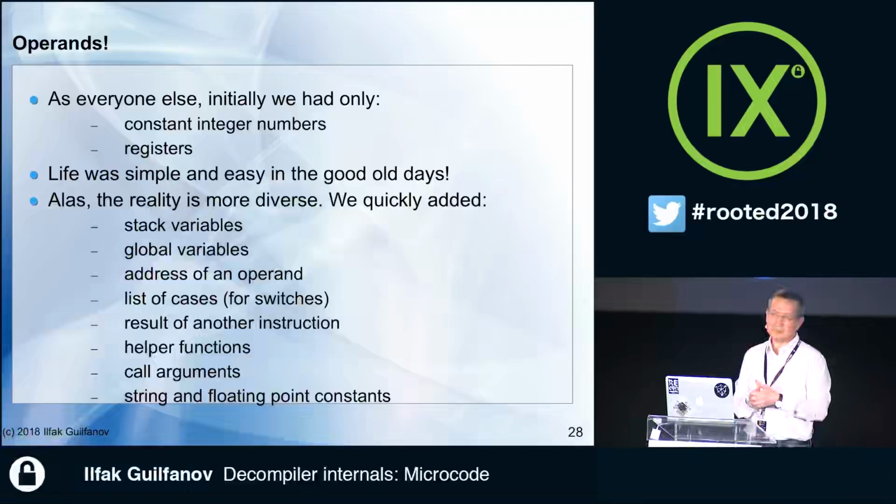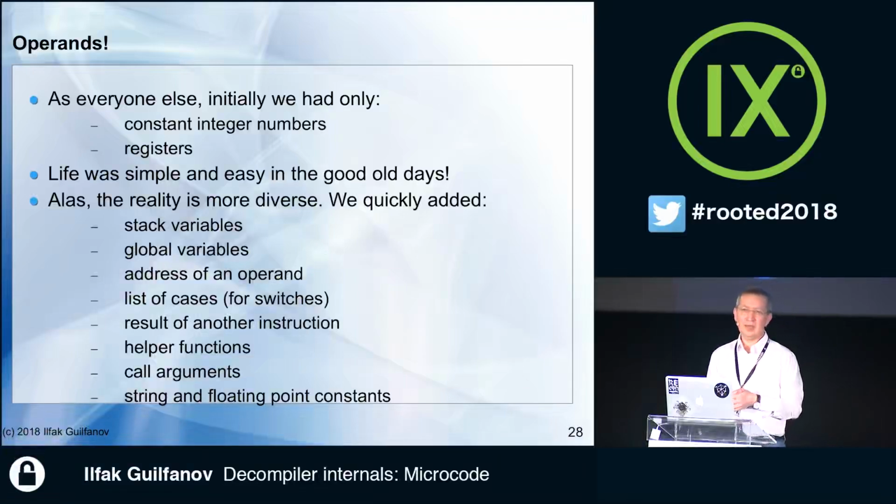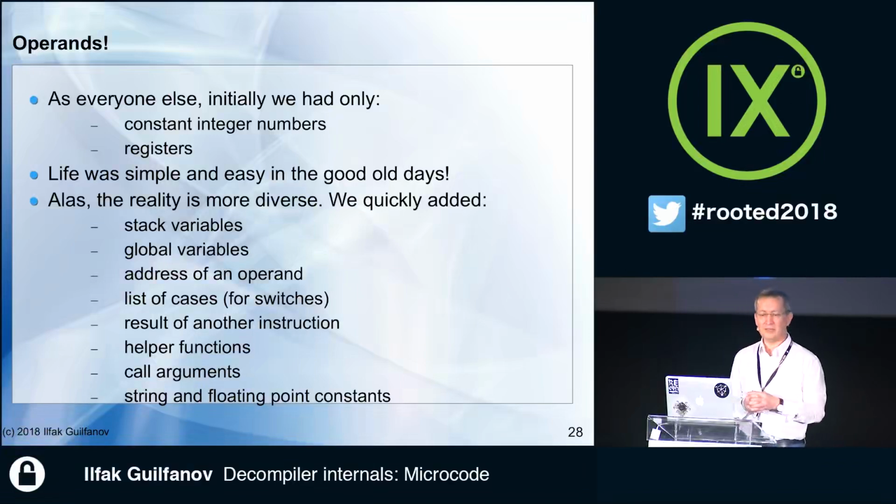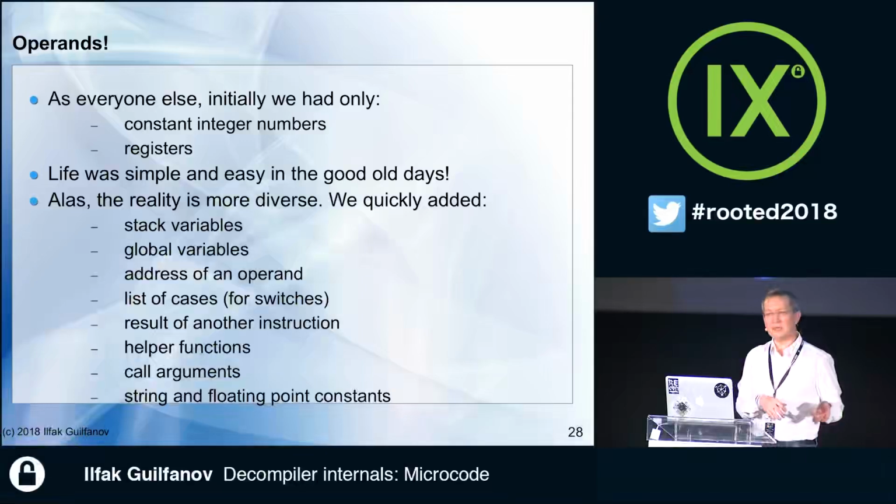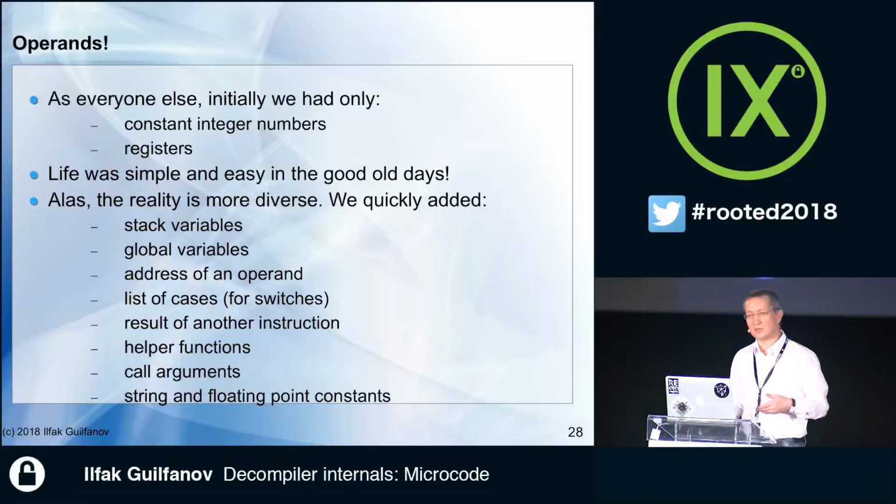But in reality, things are not that simple, and we had to add many other operand types. Since there are stack variables that are located on the stack frame, we added stack variables. Then global variables come as a logical continuation. Then we added many other things.